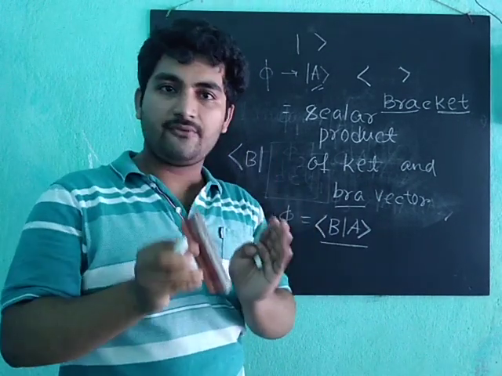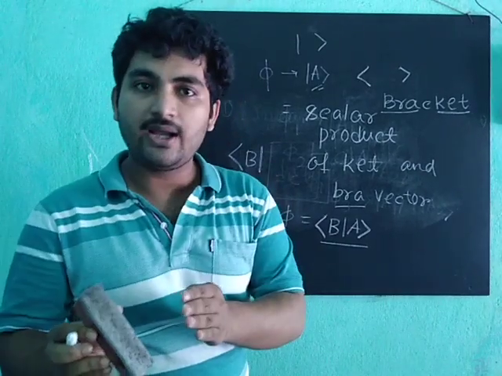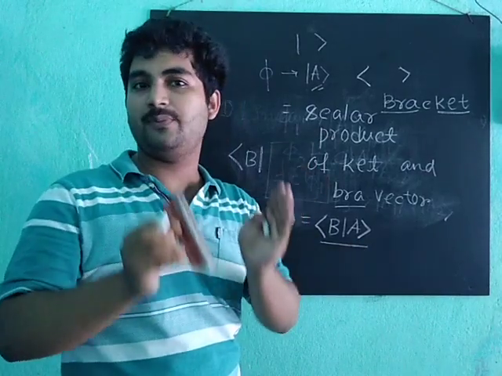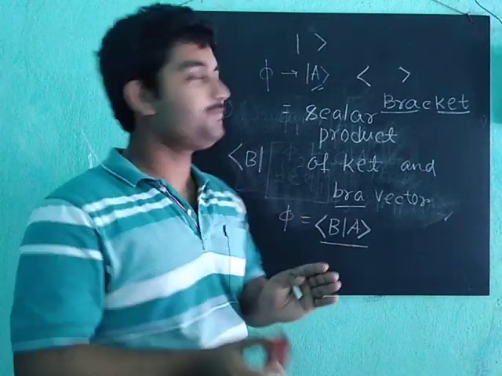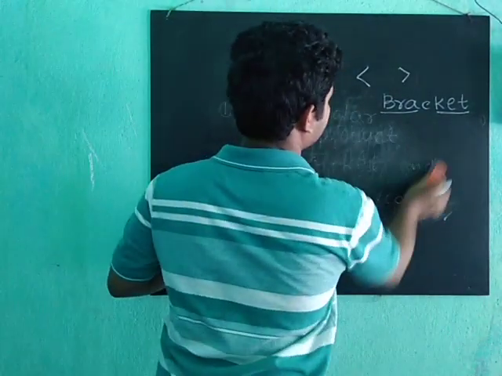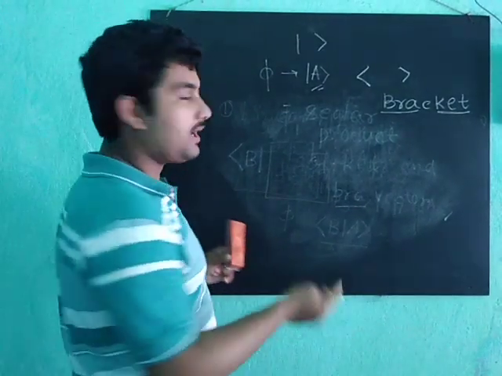Now a bra vector is only defined when we define the scalar product of this bra vector with every possible ket vector. Let me write it down. Suppose I have a bra vector.